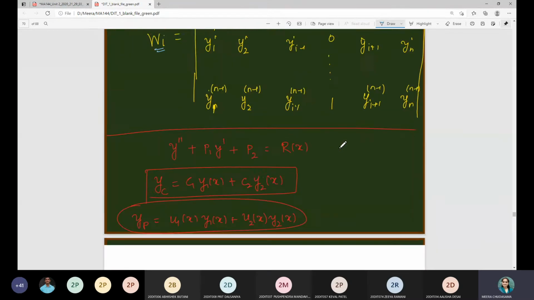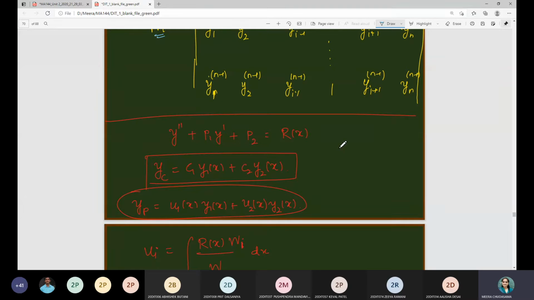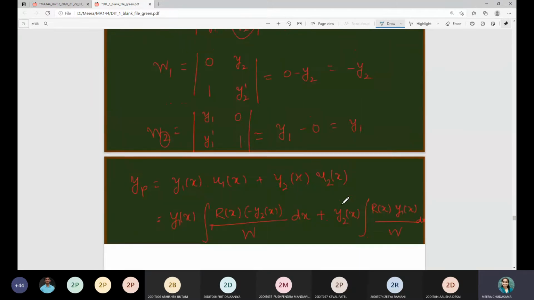So that is what you do in general for an nth order differential equation. At that time you can find out the particular integral using that. And finally the general solution y of x is given by yc plus yp, that is complementary function plus particular integral. Right? So let us see today some examples based on this method so that your idea gets clear about this method, variation of parameter.